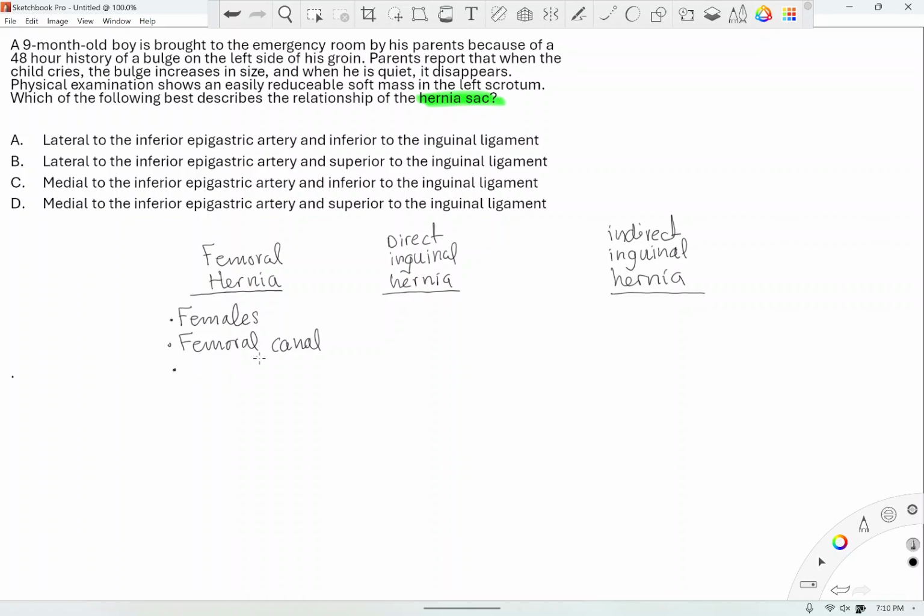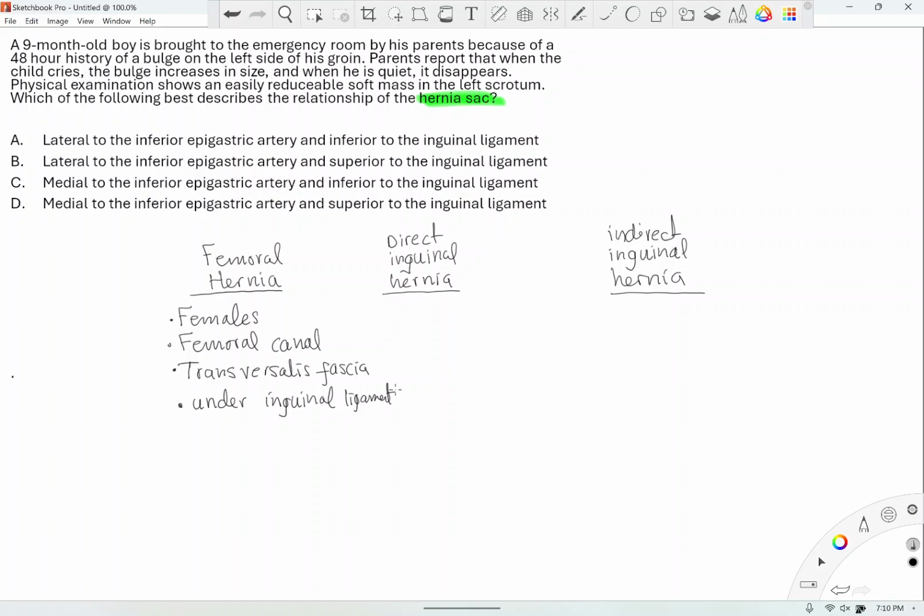This hernia occurs because there is weakness in the transversalis fascia, and it almost always occurs under the inguinal ligament. Under the inguinal ligament. We're running out of space.